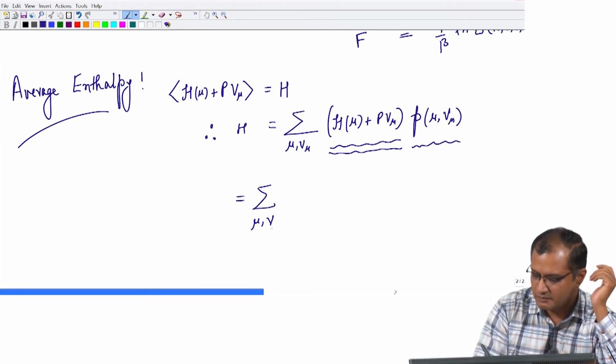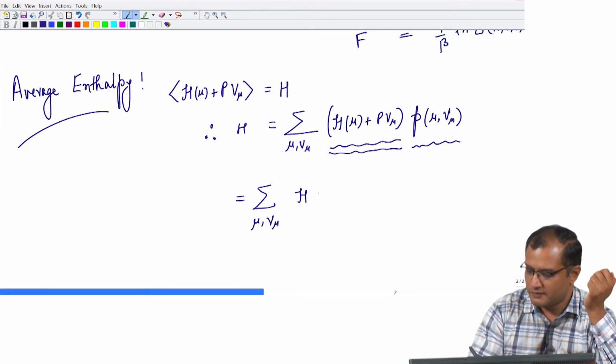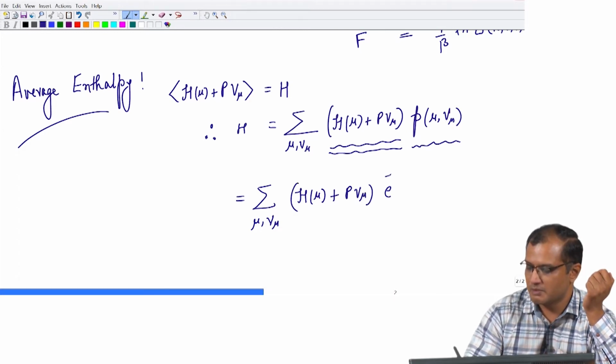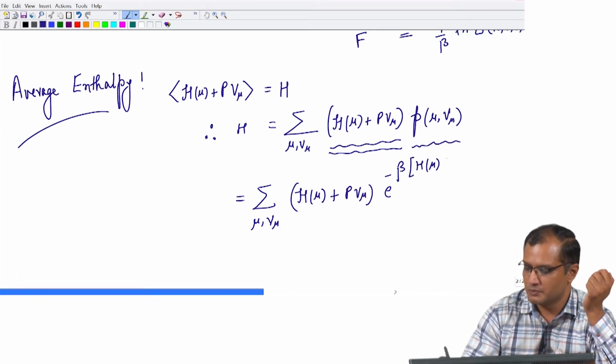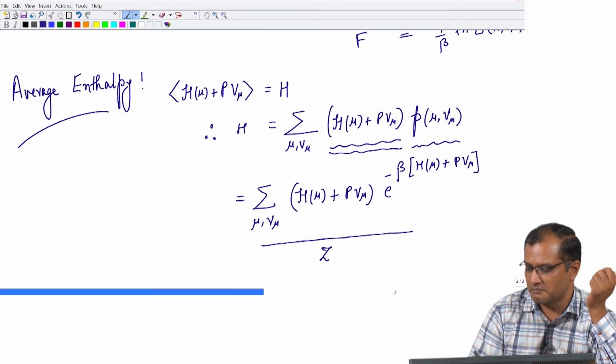So, this is going to give me nothing but the summation over V and mu of the Hamiltonian plus P V, times e raised to minus beta times H mu plus P V, over the Gibbs canonical partition function, which I am going to call Z of NPT.